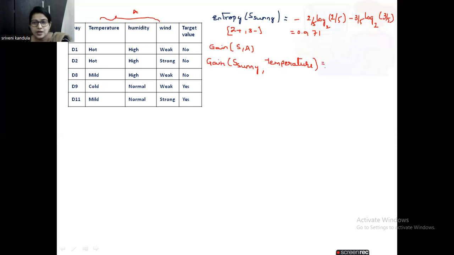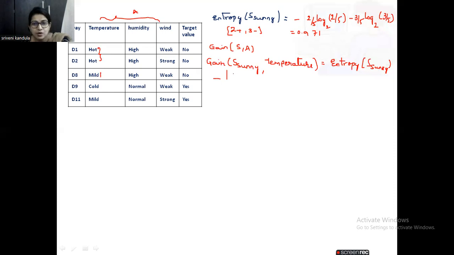So that is entropy of S sunny, minus, what are the possible values for temperature? In temperature we have hot, mild, and cool. Three possible values.